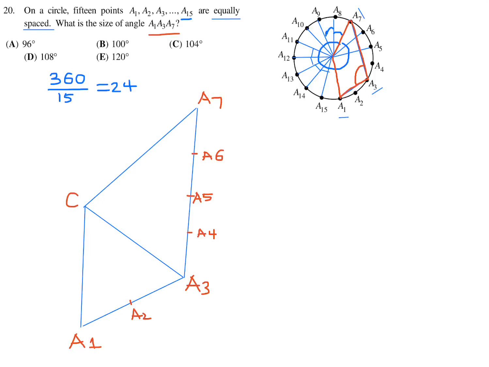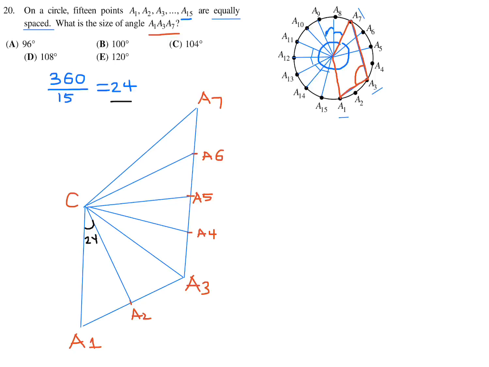and A6. And I'm going to draw the lines, or distances rather, from the center to each of these A's, like that. Okay? Now, do you remember what is the angle size for each of these? It's 24.